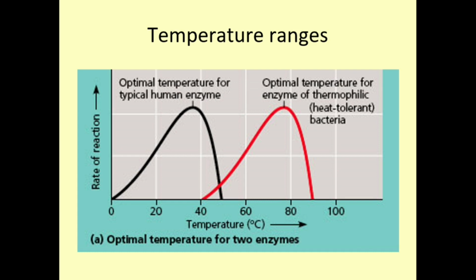And what we can see is that the shape of the profile is the same as for the human enzymes. It's just set at a much warmer temperature. So for these guys, their optimal temperature, where their reaction rate is the highest, is at about 76 to 78 degrees C. Well, we would have died a long time ago at that temperature.